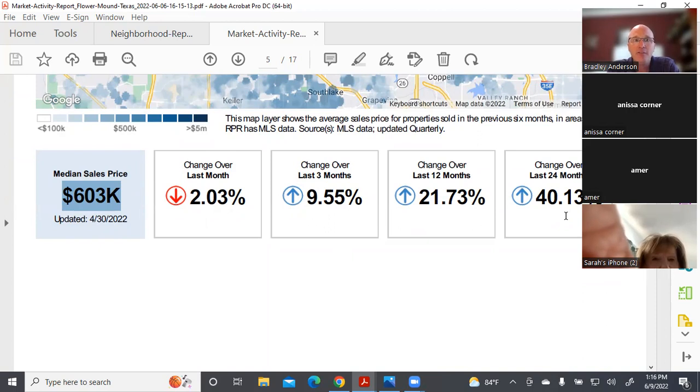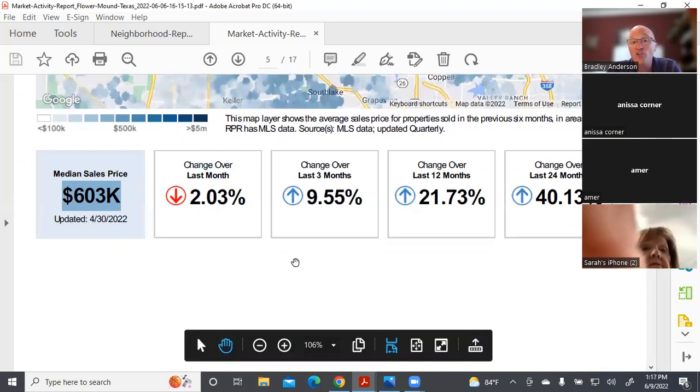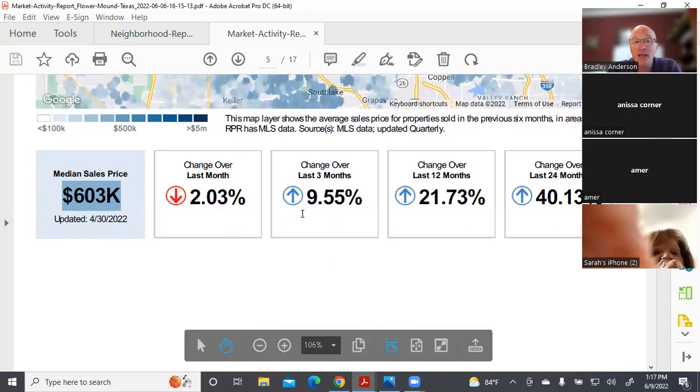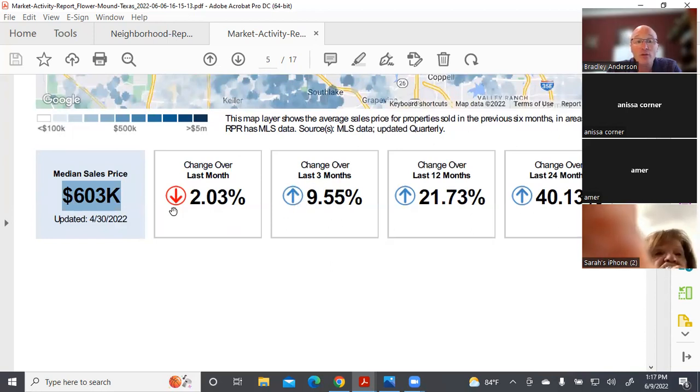That means that there were a lot of people that were paying above the actual value to the tune of 40% in the past 2 years. Okay, 21, call it 22% in the past 12 months. Change over the last 3 months, almost 10%, and it's actually gone down 2% in the past month.